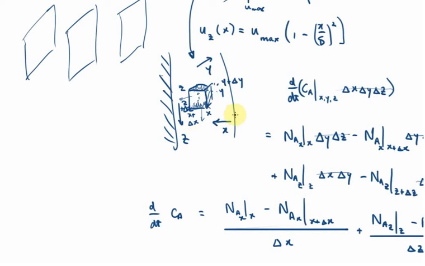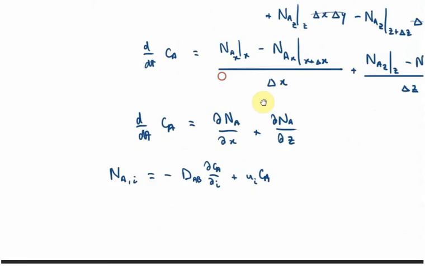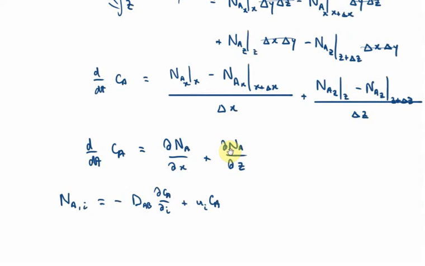This is a falling film. It's all in the Z direction. So we would normally just neglect convection in the X direction and say that any flux is largely due to diffusion. So there's diffusion in this direction, but not really convective flux. And so if that's true, then we can simplify this.